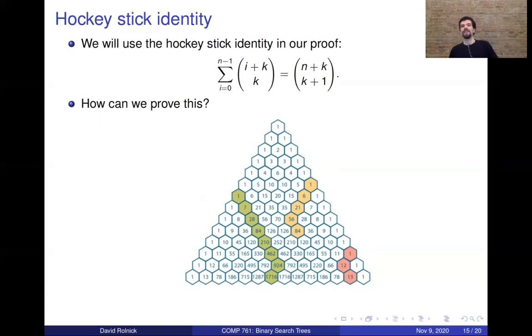OK. How can we prove this? It's similar to the problem on the homework, but it's not exactly the same. Does it always work? Yes, it always works.